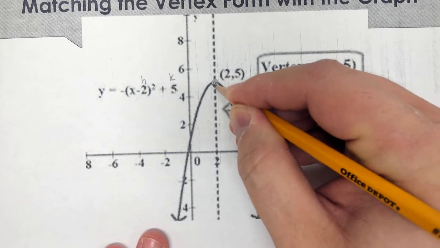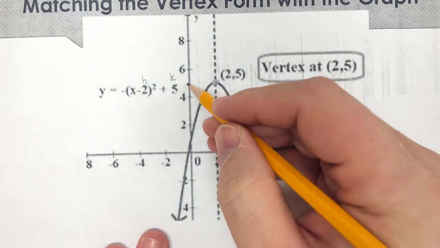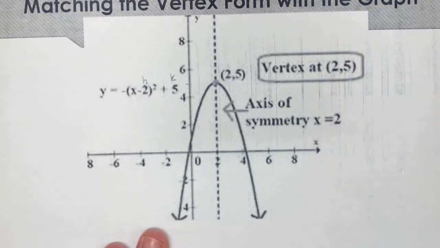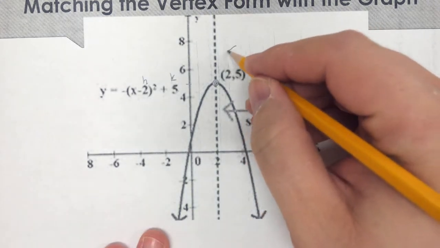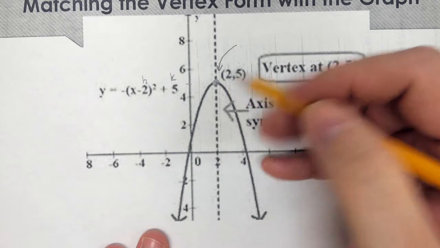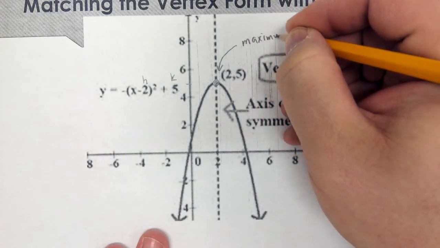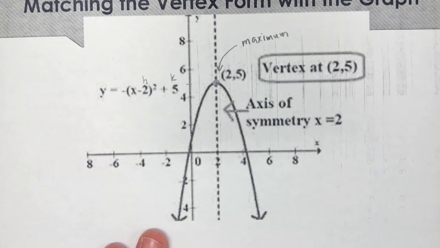This is at 2, 5. 2 on the x, 5 on the y. Also note that this here, it's the highest point on this graph, so this is a maximum. If it was flipped the other way, it would be a minimum.